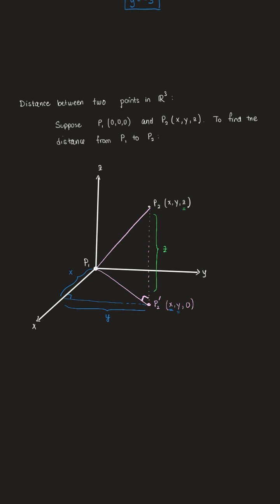So my strategy for finding this, which is what we want, let's call it D, will be to find first this length. I'm going to call it D sub 1.